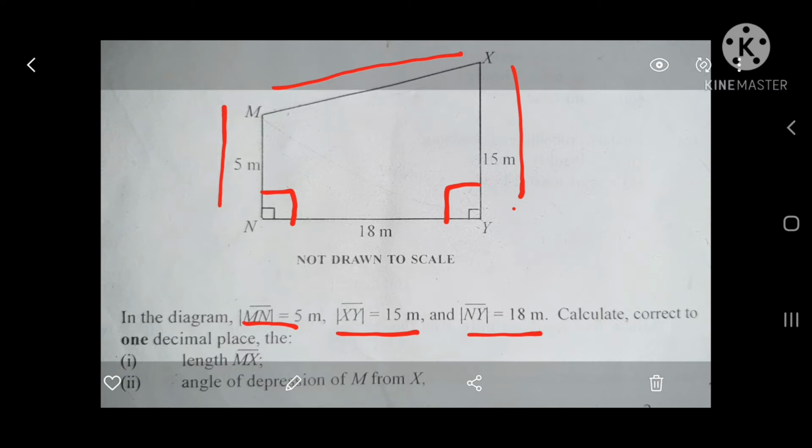So if they are parallel, we can draw another parallel line to the line NY by drawing a short dashed line through this.